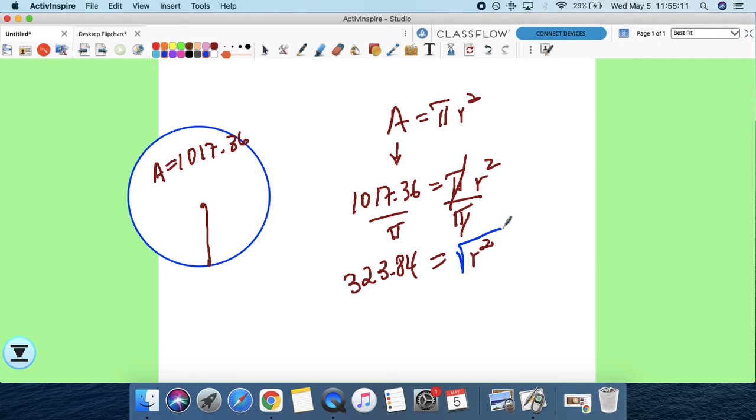Square root, raíz cuadrada. And r equals the square root of 323.84, and we get 17.995, which we're going to round to 18. So the radius is 18.